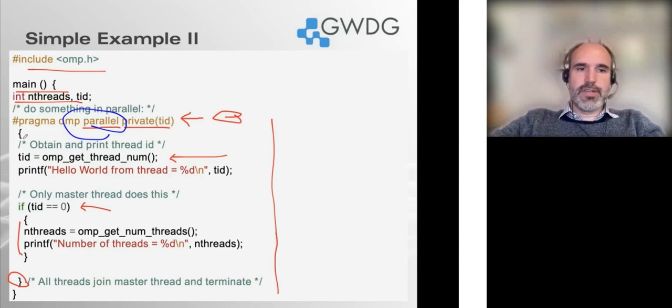Here we have two brackets which define the block. If you would have only one command but not a bracket, only the concurrent command would be executed in parallel and then returns back to the non-parallel region.